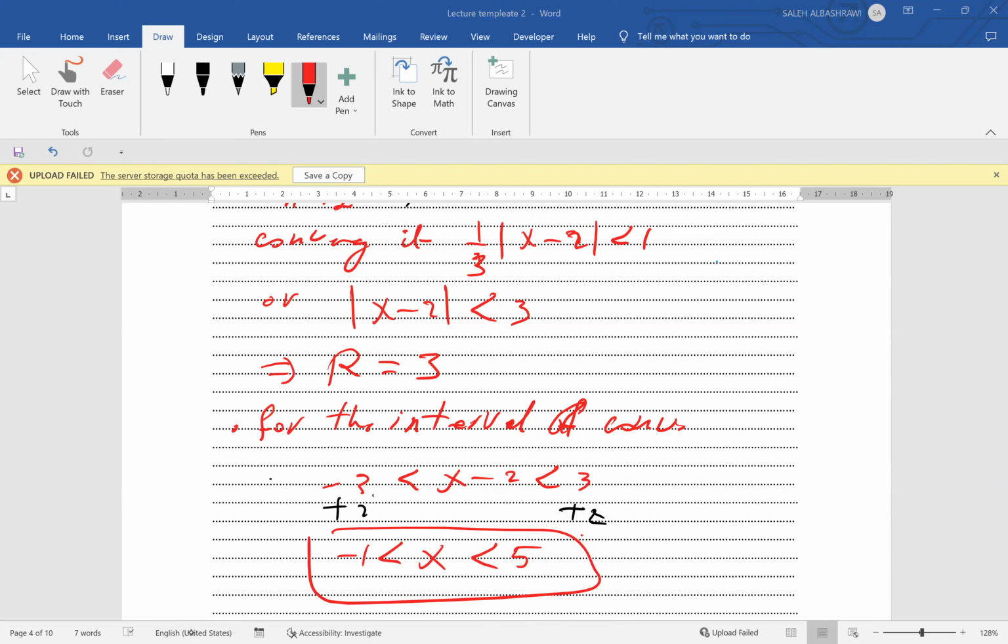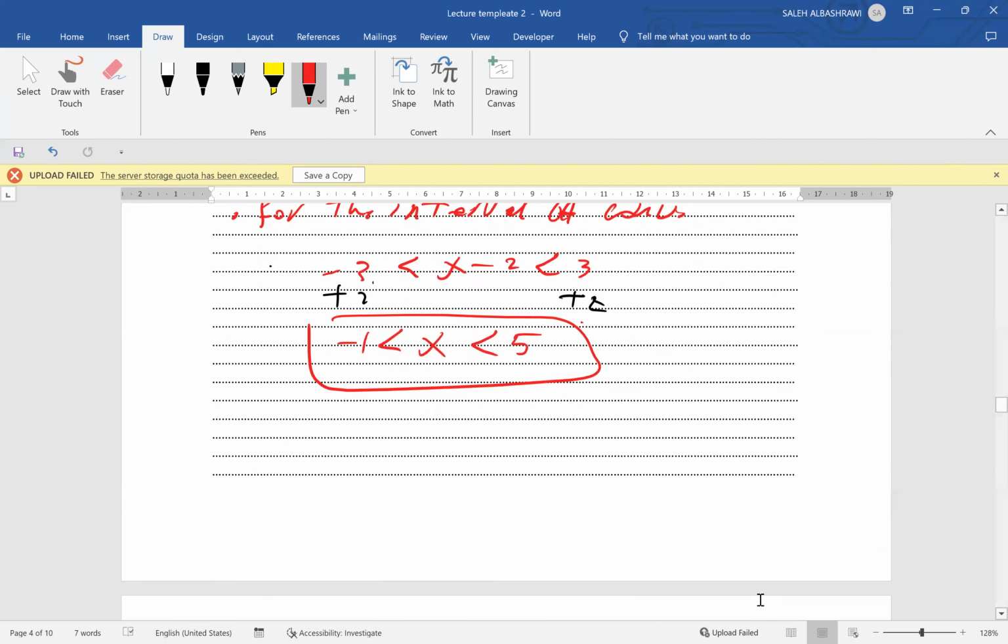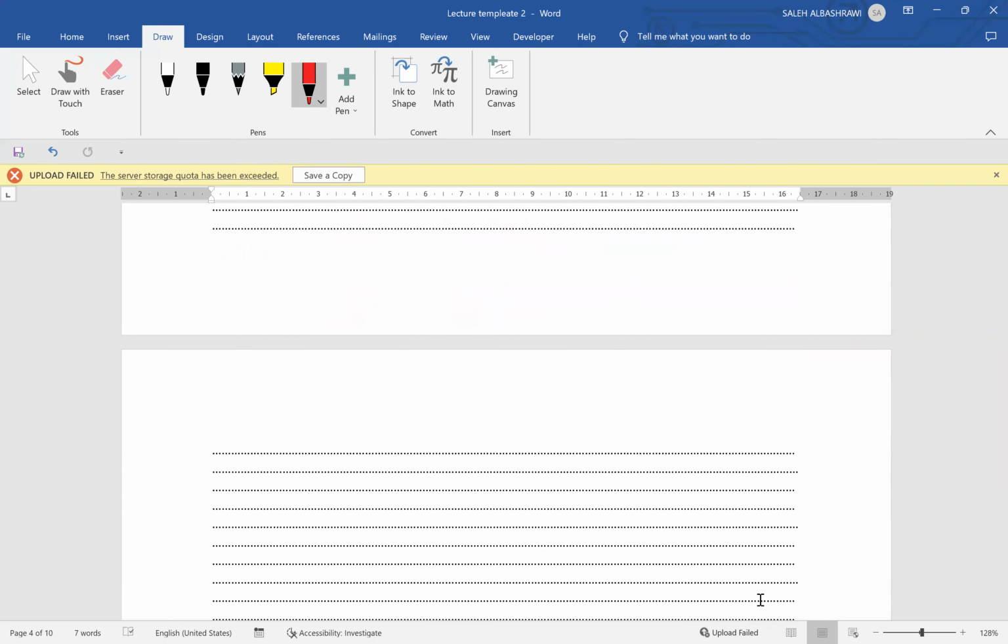But in this case, I also need to check the endpoints. I did a mistake in this one: it is x plus 2, not minus 2, so it will be between minus 5 and 1.